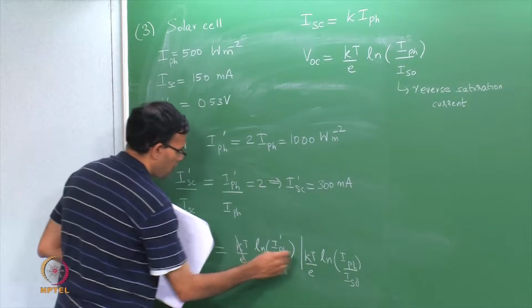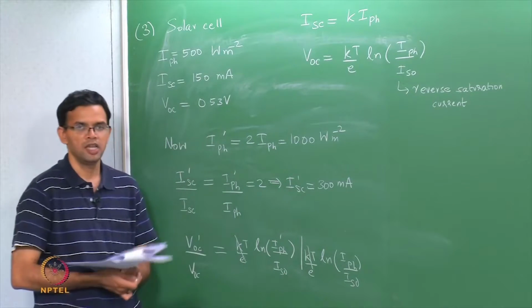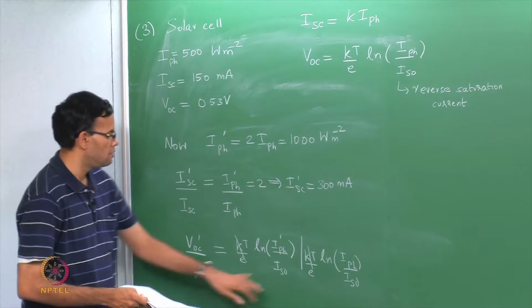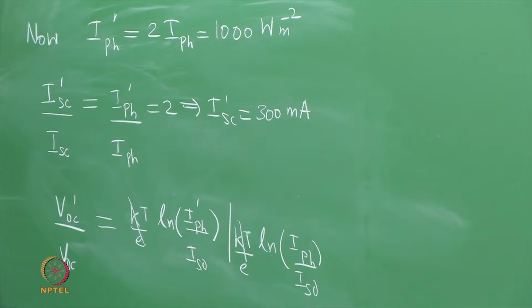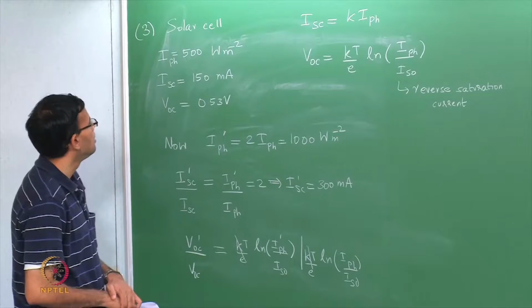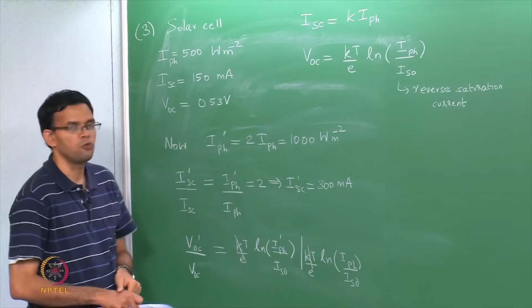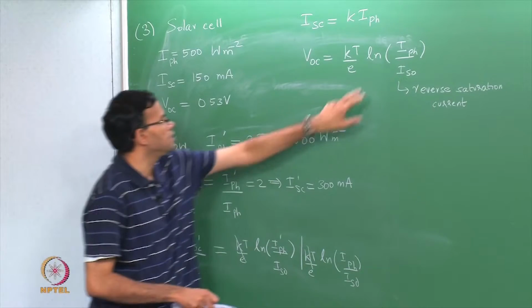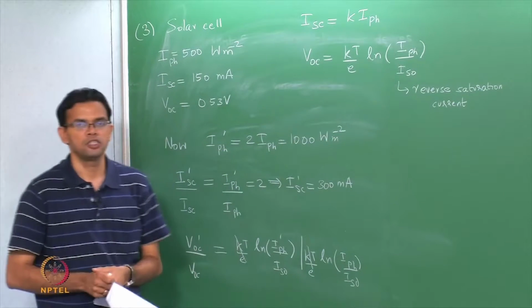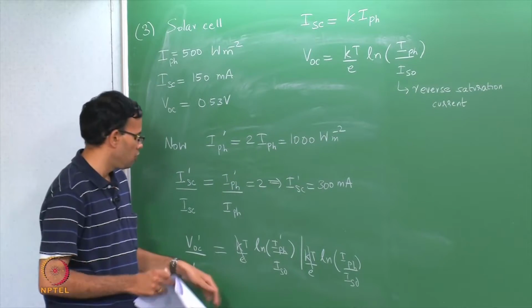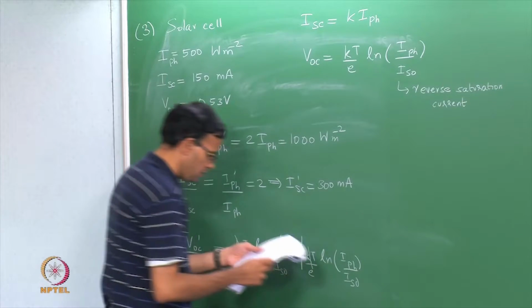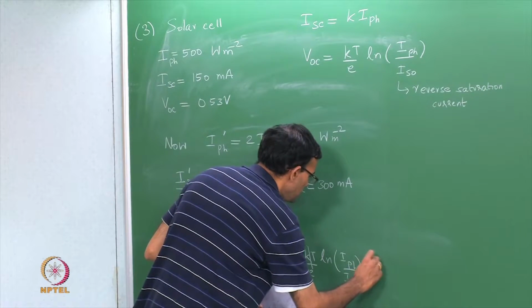So, kT over E will essentially cancel. This we can simplify because the values of IPH prime, IPH are known. IS naught is not known, but we can calculate IS naught by knowing the open circuit voltage when the current intensity is 500 watts per meter square.